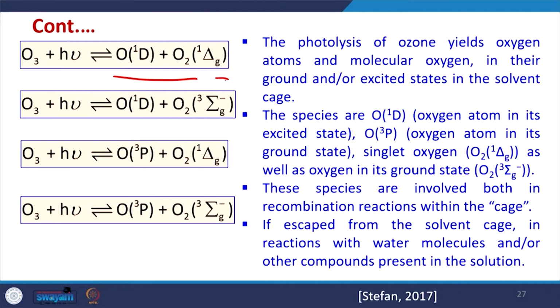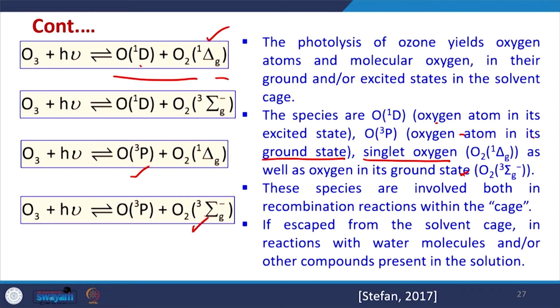Now, the species are like here O1D, oxygen atom in its excited state, then O3P, this is also possible, this is oxygen atom in its ground state. Then we have singlet oxygen which is produced here, as well as in its ground state also.